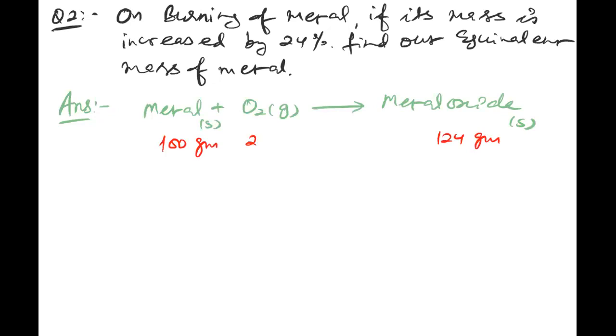It means 24 gram of oxygen has combined with 100 gram of metal to get a total mass of metal oxide as 124 gram. So I'm repeating again, 100 gram of metal can combine with 24 gram of oxygen and give 124 gram of metal oxide.